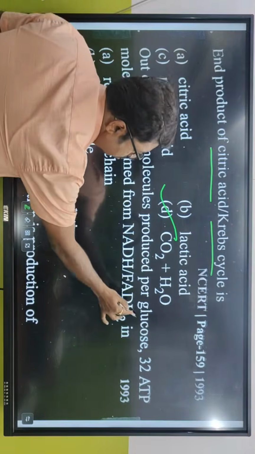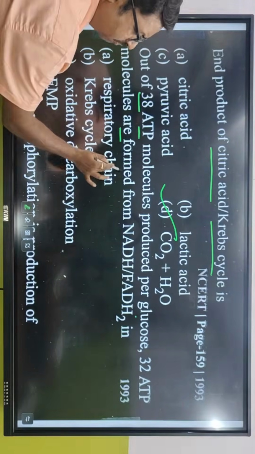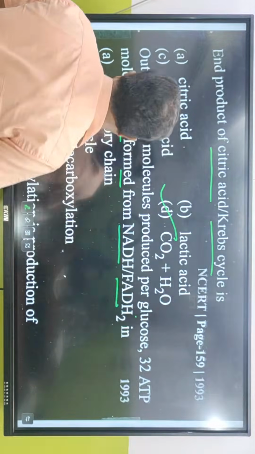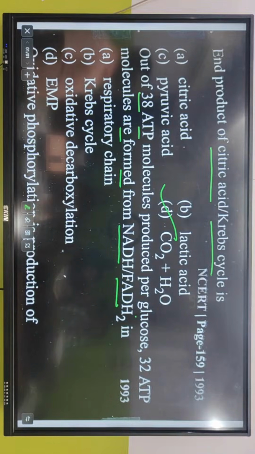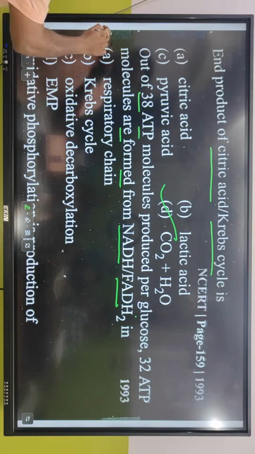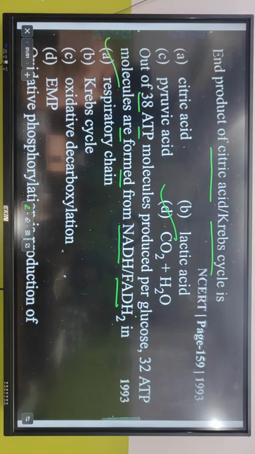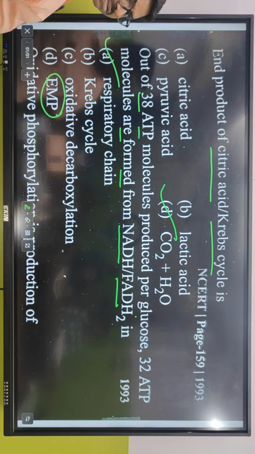Out of 38 ATP molecules produced by glucose, 32 ATP molecules are formed from NADH2 and FADH2 in the respiratory chain. Why EMP? EMP means only glycolysis.